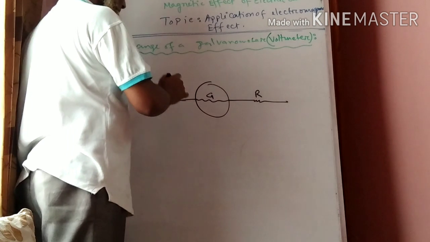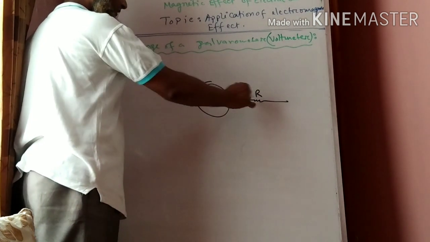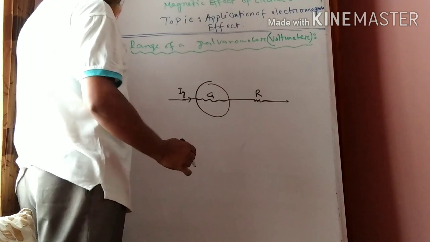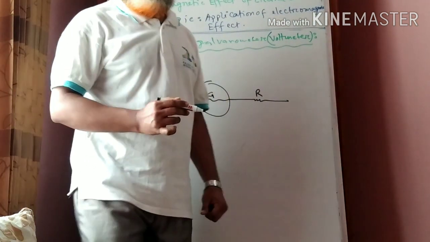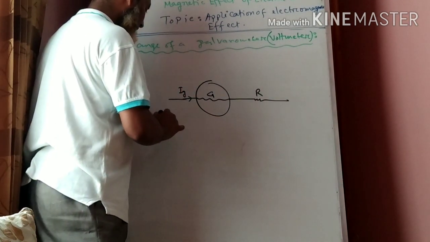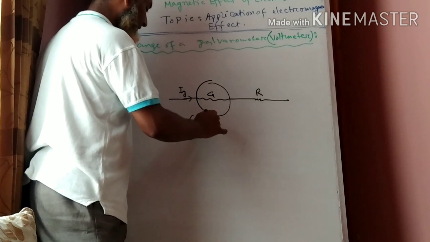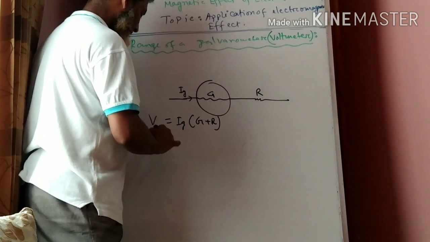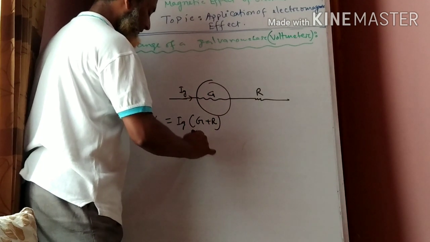Let the current passing through the galvanometer be Ig. So what is the total potential difference? The total potential difference V equals Ig into (G plus R). That's why Ig equals V by (G plus R).